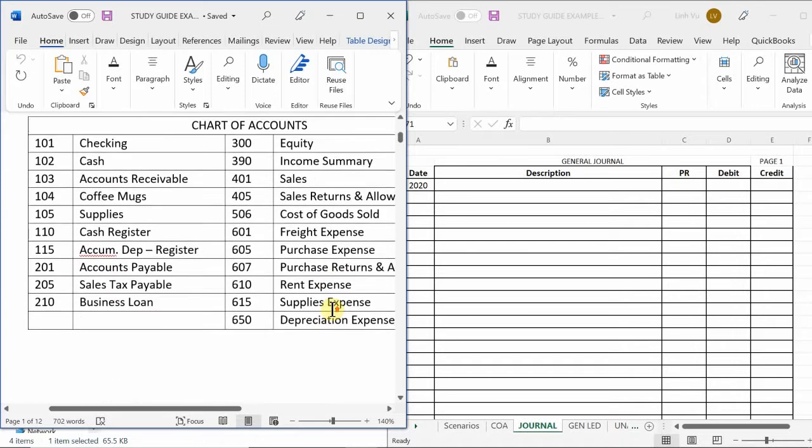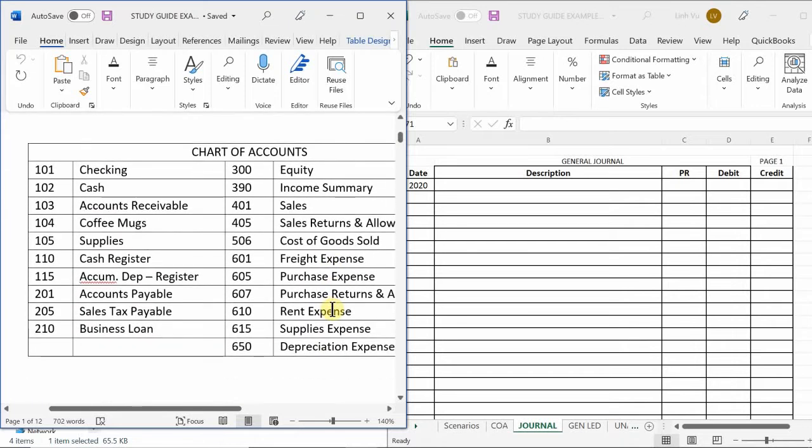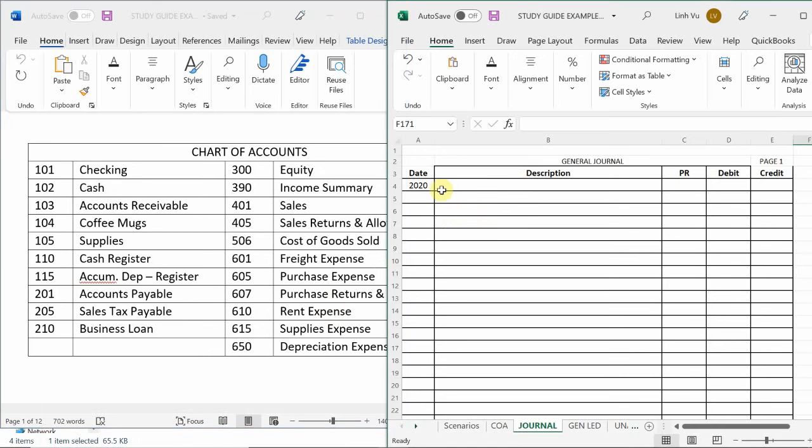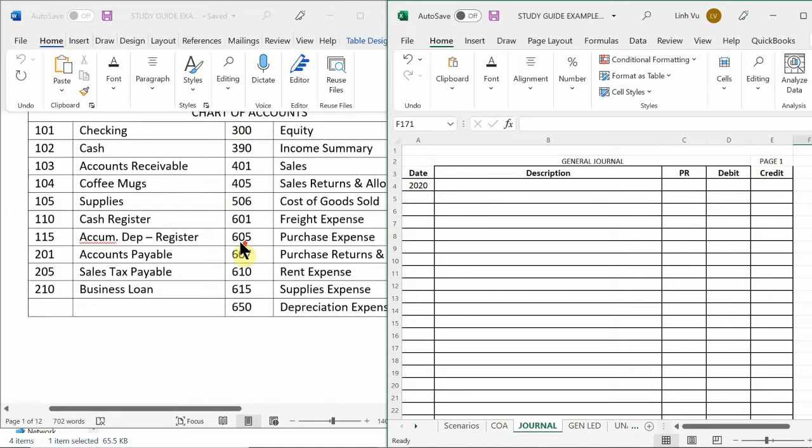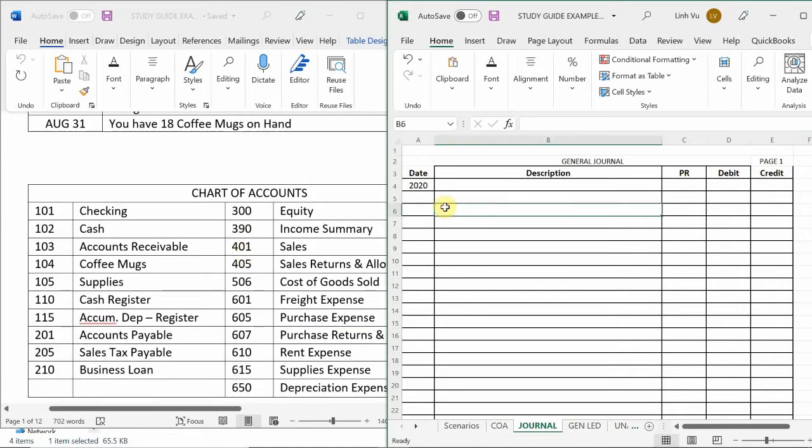So let's take a look at my chart of accounts. Okay. Business loan and checking. Now in this case, I borrowed $15,000 cash. Oh, that's cash. Yeah, then you just use the cash account. Okay. So that's the very first thing here.